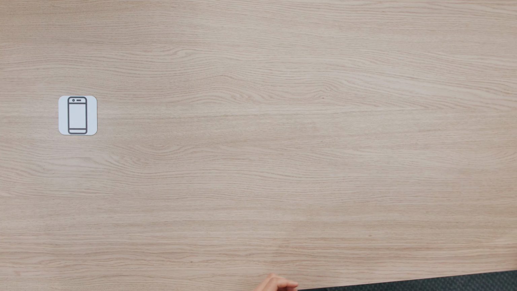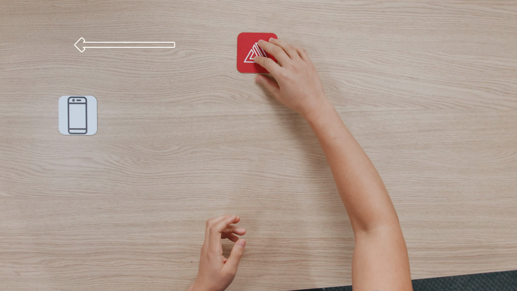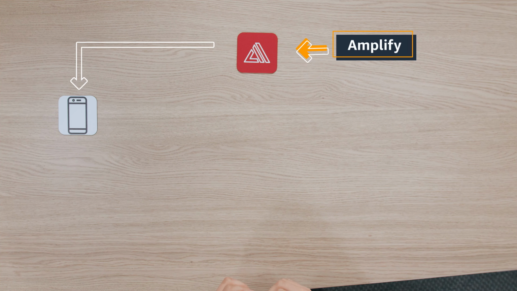Let's dive in. You'll use AWS Amplify since it is the fastest and easiest way to build web and mobile apps at scale. Amplify has a CLI tool, libraries, and a console to help you build and deploy your app to the cloud. If you haven't built an app in Amplify before, then I suggest using the console because it walks you through building out all of the major backend components that you'll need for your app.